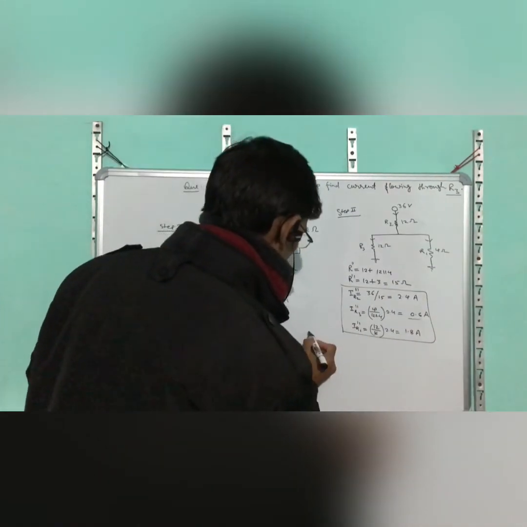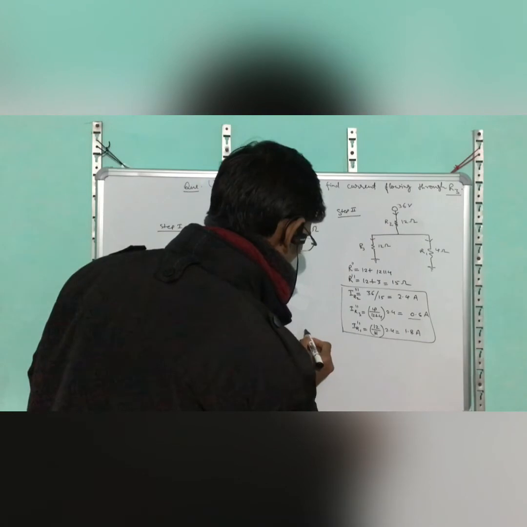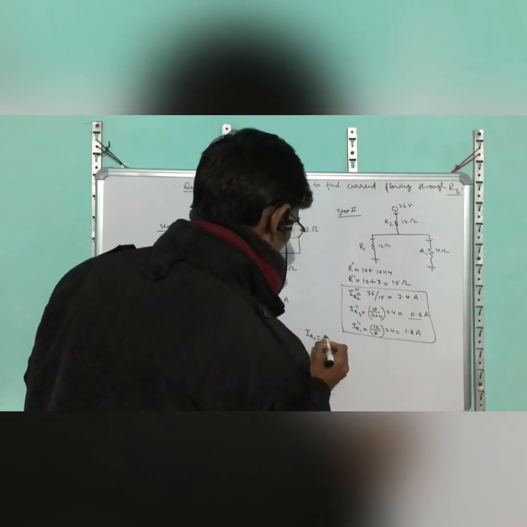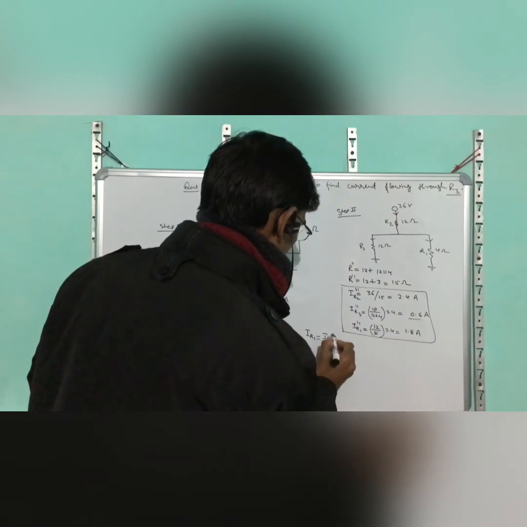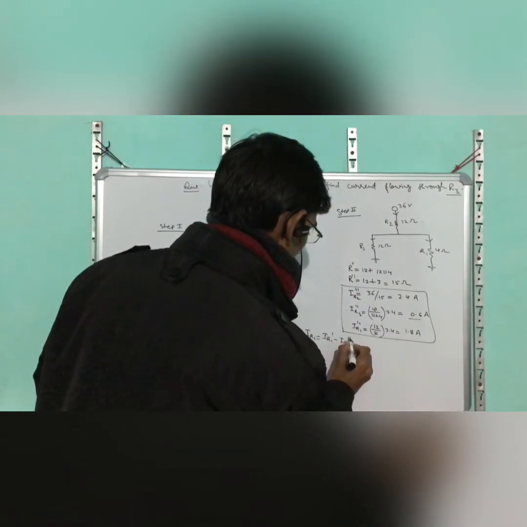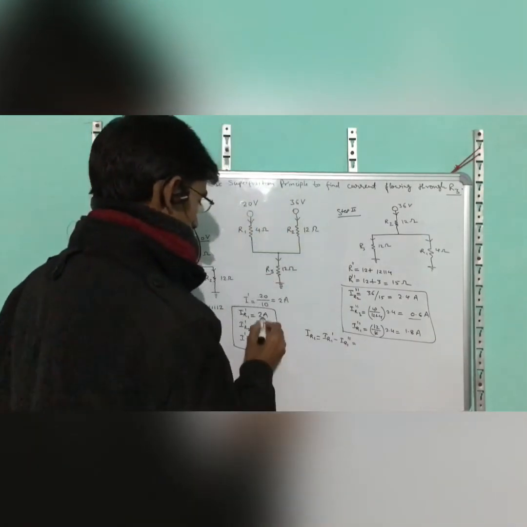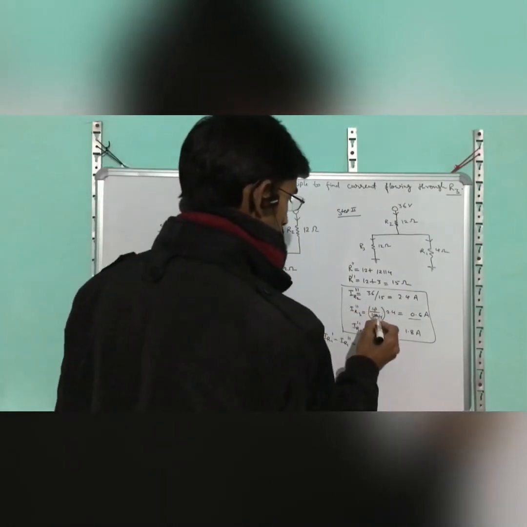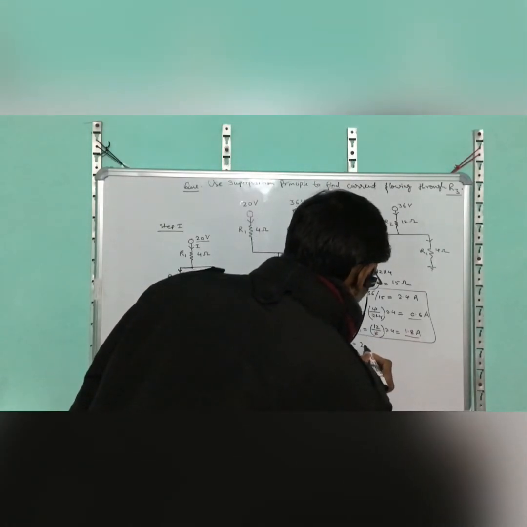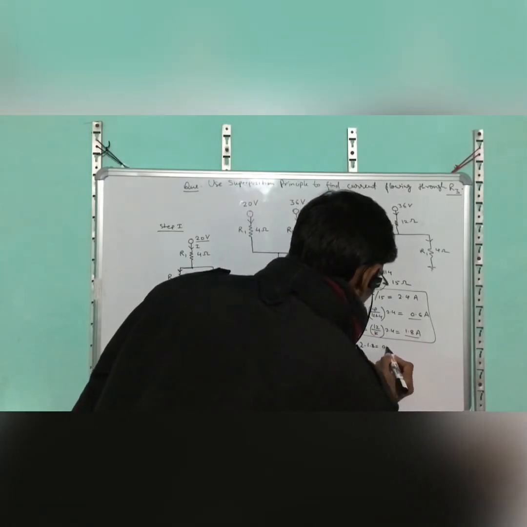So current flowing through this R1 will be IR1 dash minus IR1 double dash, which will be 2 ampere minus 1.8, so 2 minus 1.8 will be 0.2 ampere.